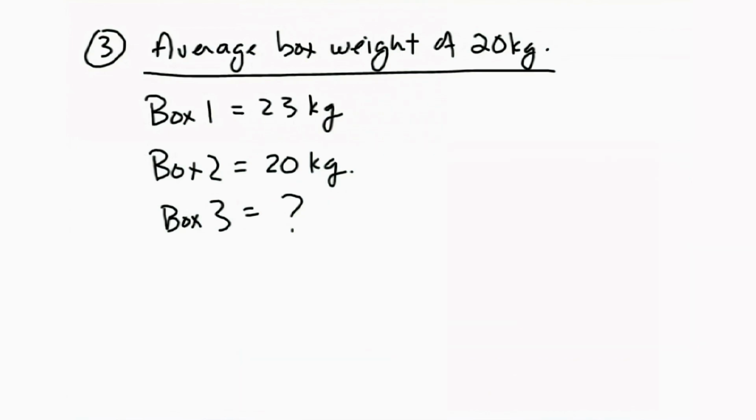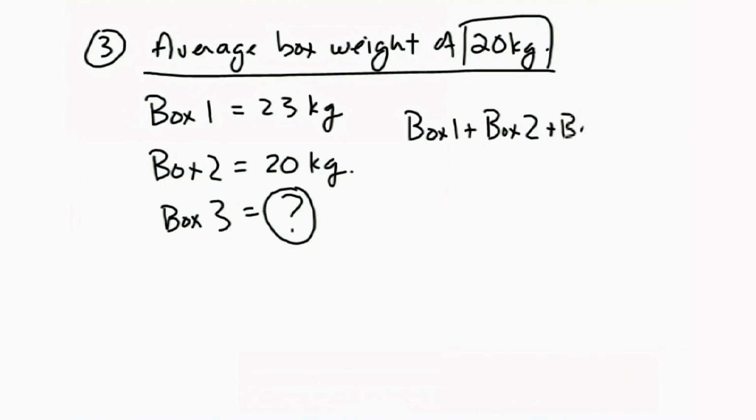What we're doing now is we're finding an unknown box weight given an average. So we could set up our average by, say, box 1 plus box 2, and I'm talking about weights here, plus box 3, all divided by 3 because there's 3 boxes. Those average box weights have to be equal to 20.